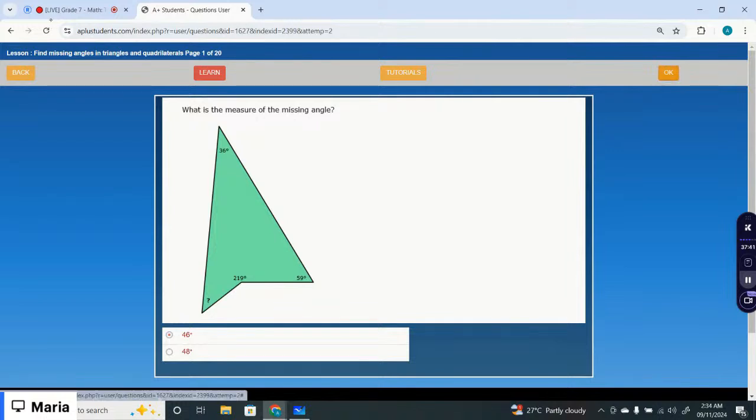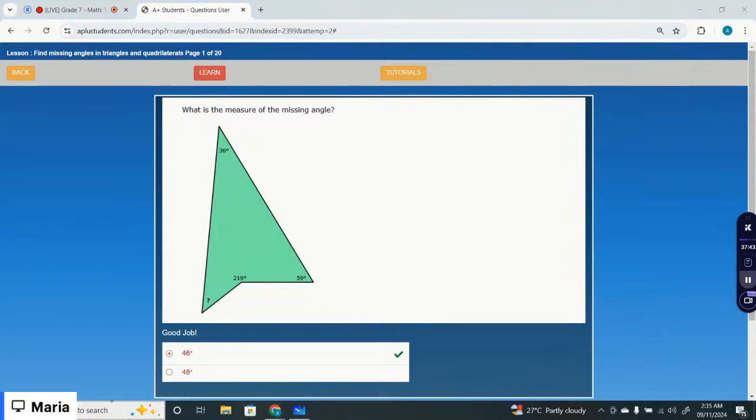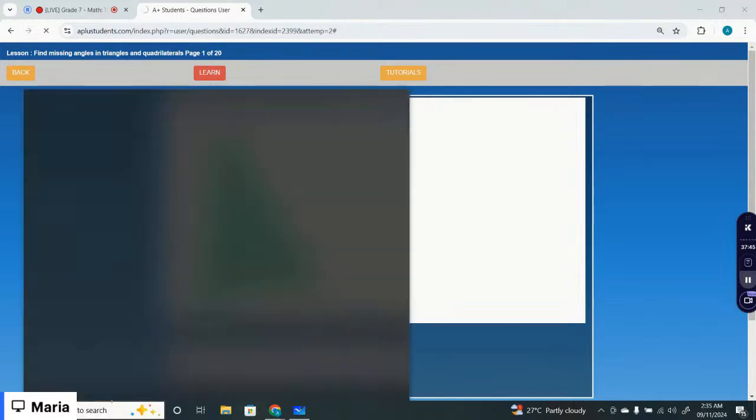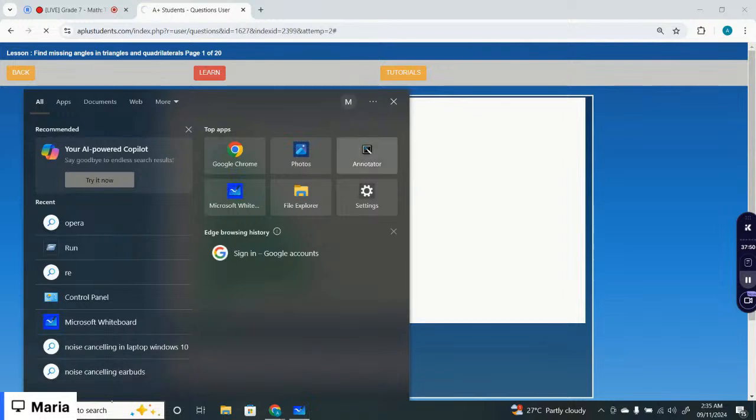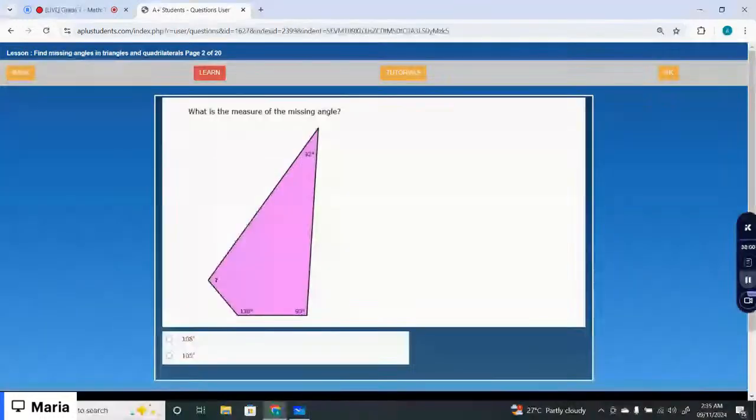The missing angle is 46 degrees, right? Of the missing angle again, that's a four-sided shape. So the sum of all the angles must be 360 degrees.